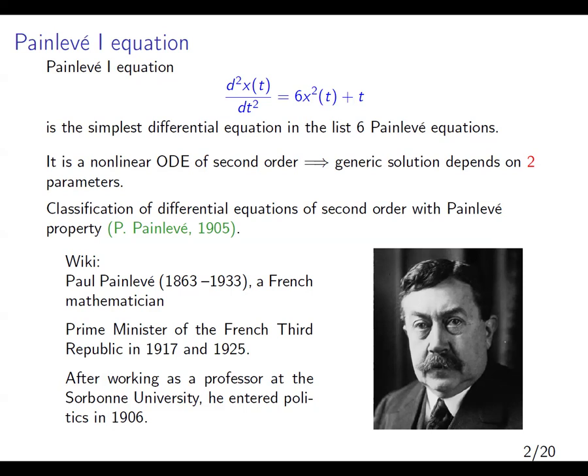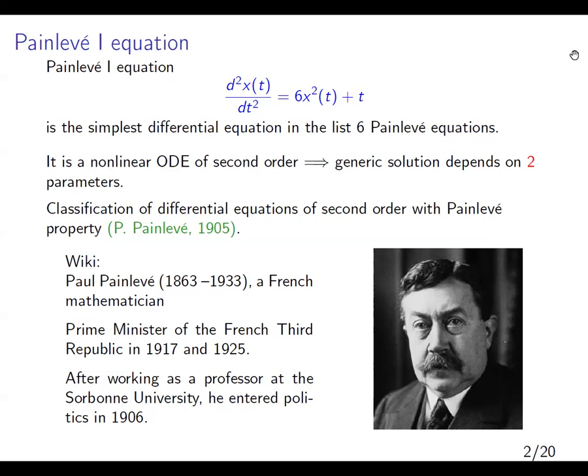He tried to understand something about analytical properties of solutions of differential equations and to classify them from the point of view of some property which is now called the Painlevé property: to find such equations having solutions without movable irregular singularities, like branching points.